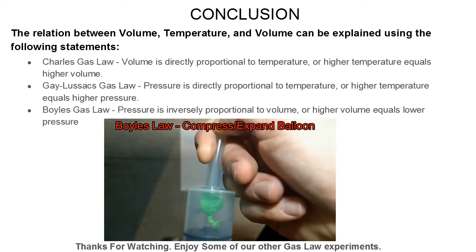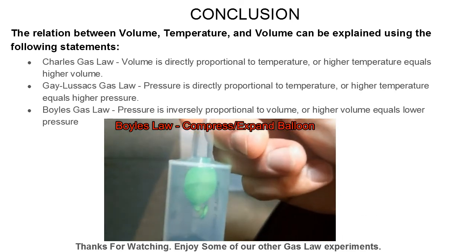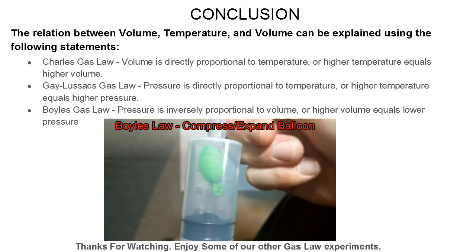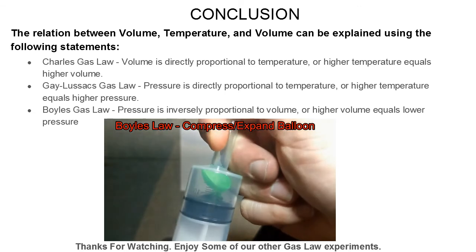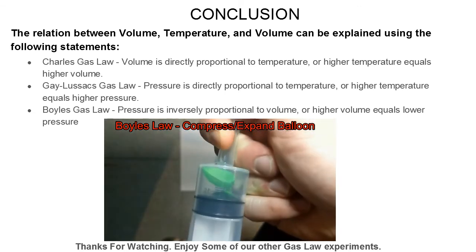We also saw when the flame went out, the air temperature decreased and the volume of air decreased. During the egg-out experiment, the volume of air increased as the temperature in the bottle increased. We could see this when the egg traveled out of the bottle and the volume of air increased.